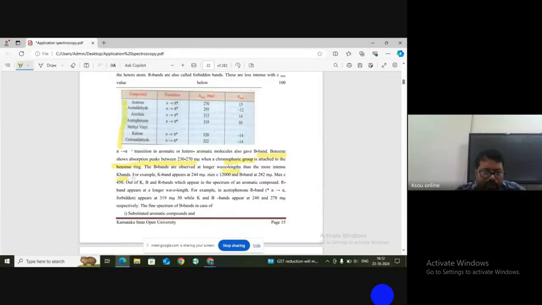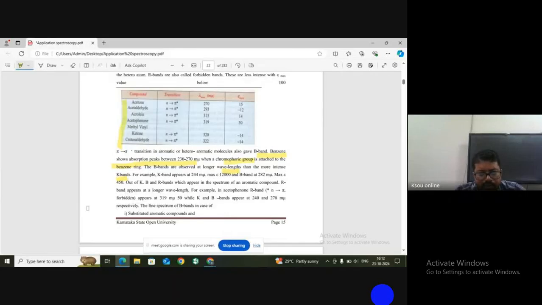For example, the K band appears at 240 maximum with intensity 12,000, and the B band at 282.